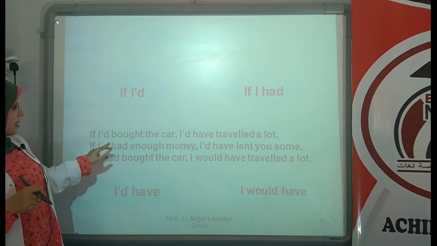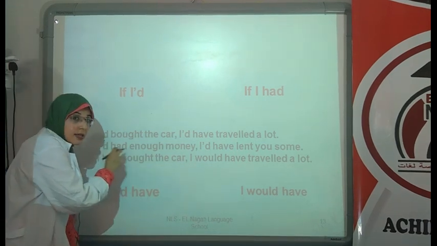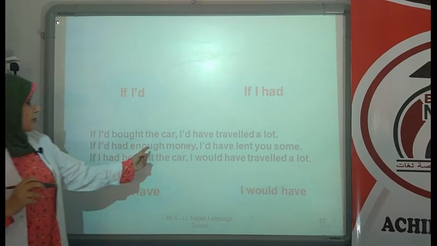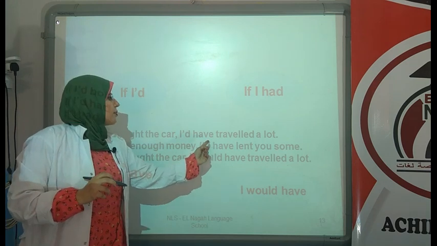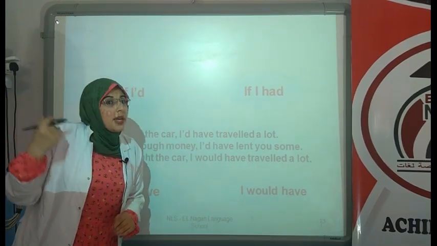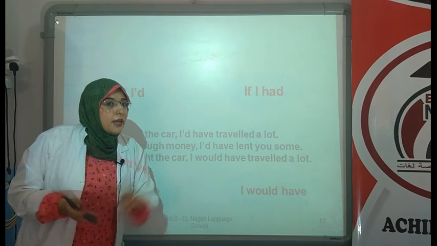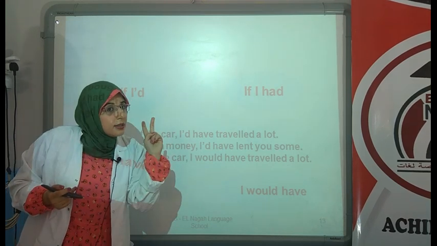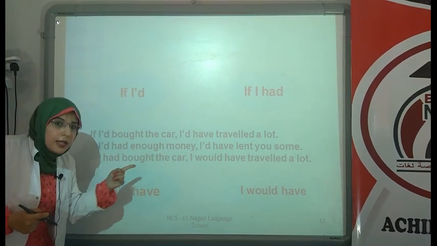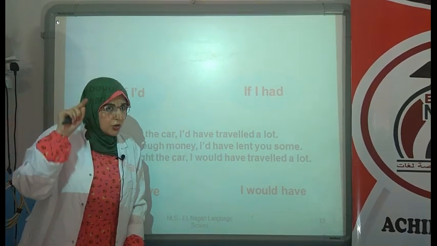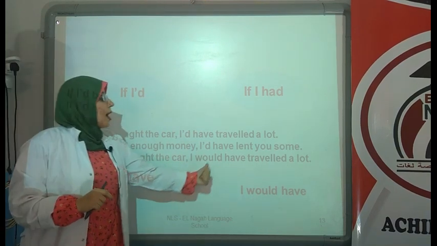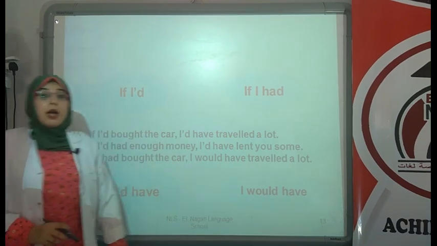If I had, here past perfect, enough money, I would have lent you some. It differs from if I had enough money. If I had enough money, second conditional. If I had had enough money, third conditional. Take care. If I had bought the car, I would have traveled a lot.